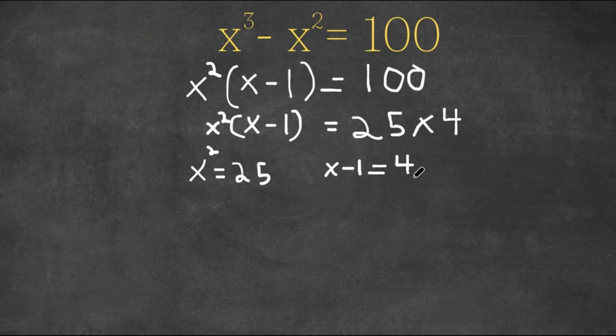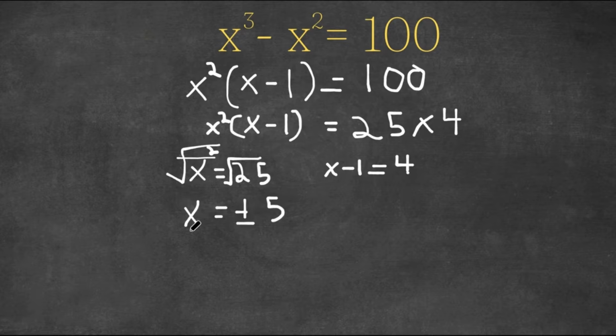Well, for x squared equals 25, if we do the square root on both sides, we would get, well, the square root of x squared is simply x equals, the square root of 25 is positive or negative 5. So as you can see, this is one solution, and x minus 1 equals 4.